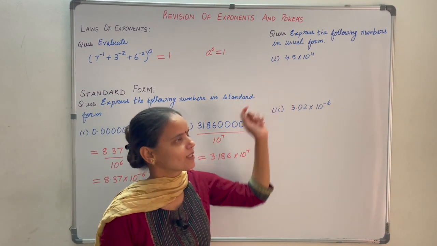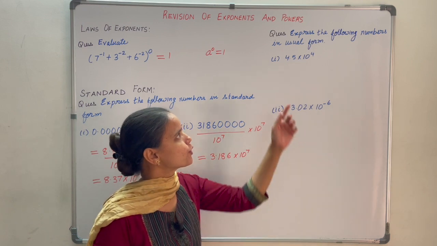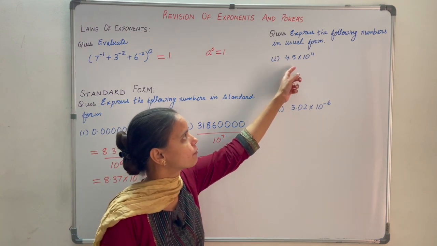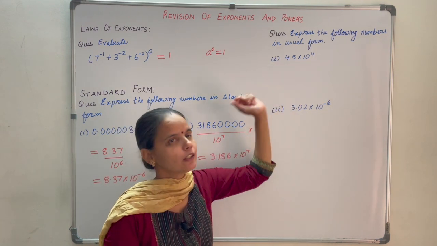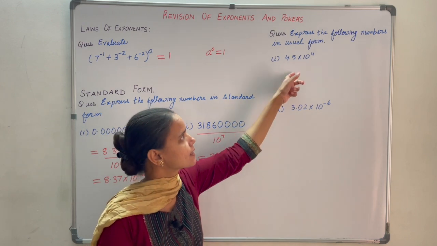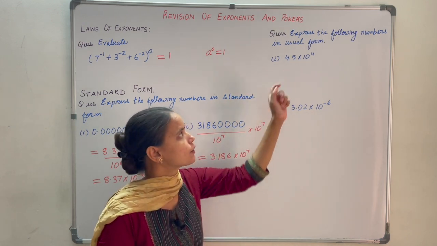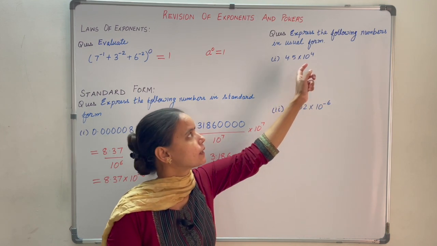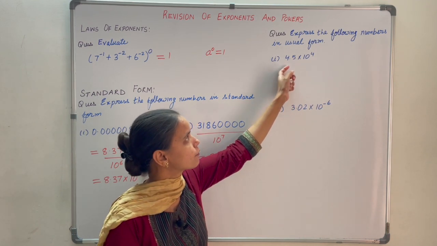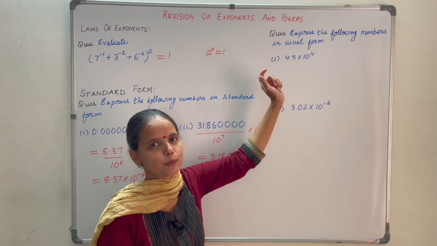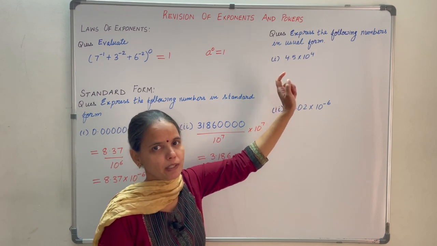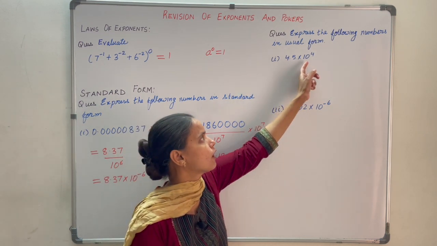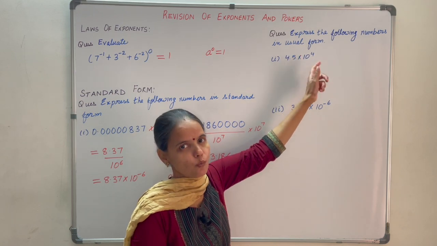Express the following numbers in usual form. So you have to express 4.5 into 10 raised to the power 4 in usual form. This is the standard form given to you. Here 4.5 is multiplied by 10 raised to the power 4. 10 raised to the power 4 means you have to shift the decimal point towards the right-hand side by how many digits? 4 digits, because the power of 10 here is 4.